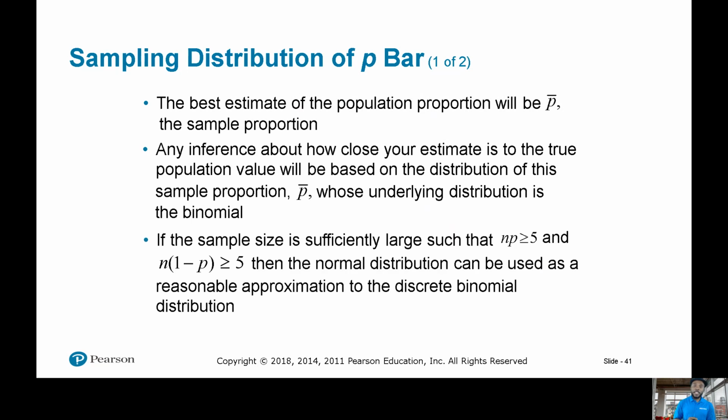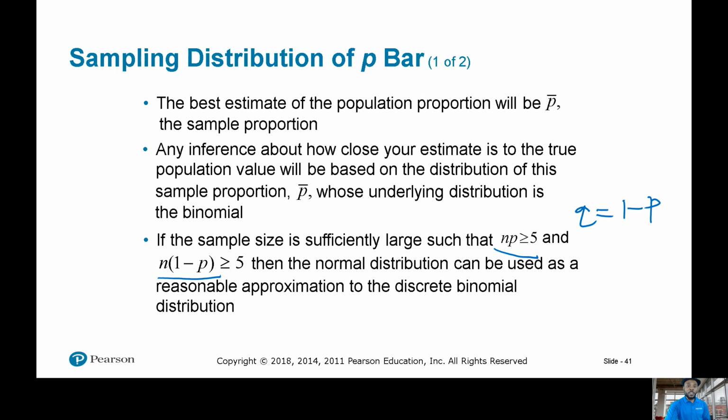Now, one thing to check as you go on, if the sample size is sufficiently large, and by sufficiently large, we are saying that n times p is greater than or equal to 5, and n times q, remember that q is equal to 1 minus p, so n times q is greater than or equal to 5. If that is the case, we would have a normal distribution.